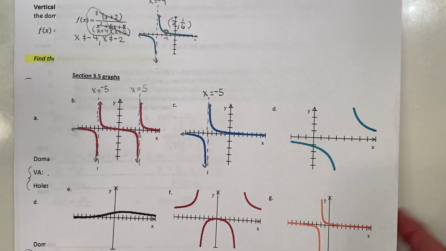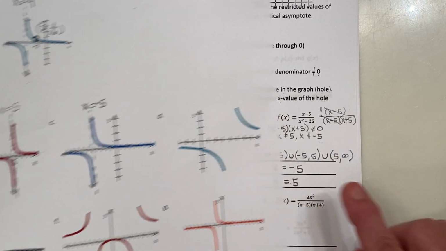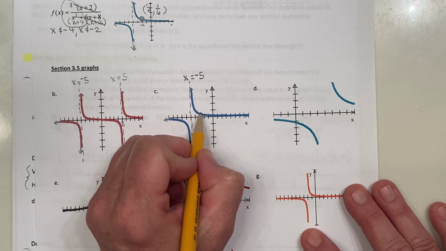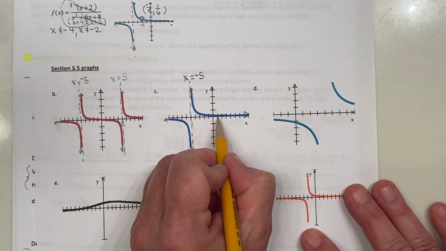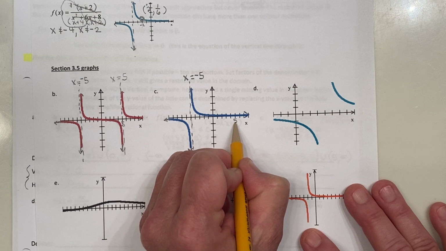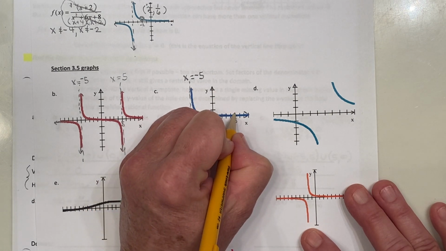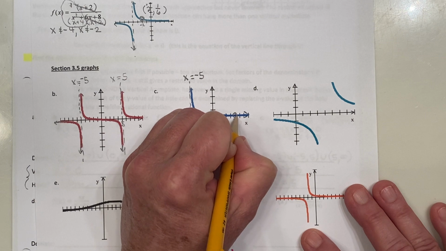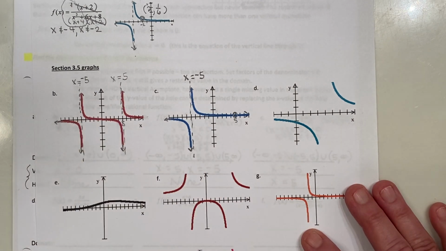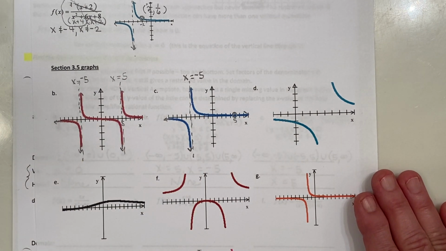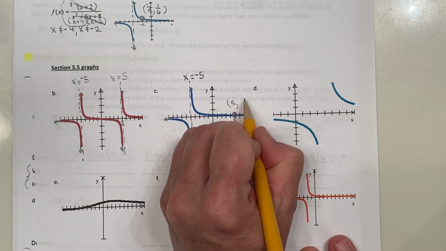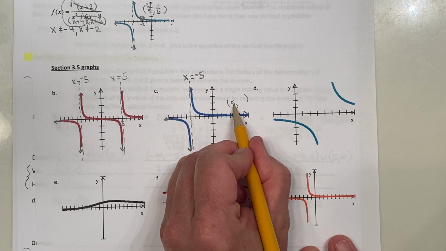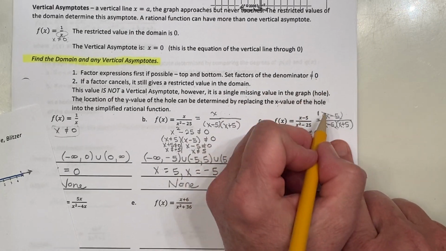Remember, the other restricted x value is x equals 5. So we continue, and it looks like we never have to lift our pencil again. But at 1, 2, 3, 4, 5 right here, the software program can't remove that point, that discontinuity, that hole, but there really is one there. If we want to know the y-coordinate of that hole, remember, we take 5 and plug it back into the simplified equation.